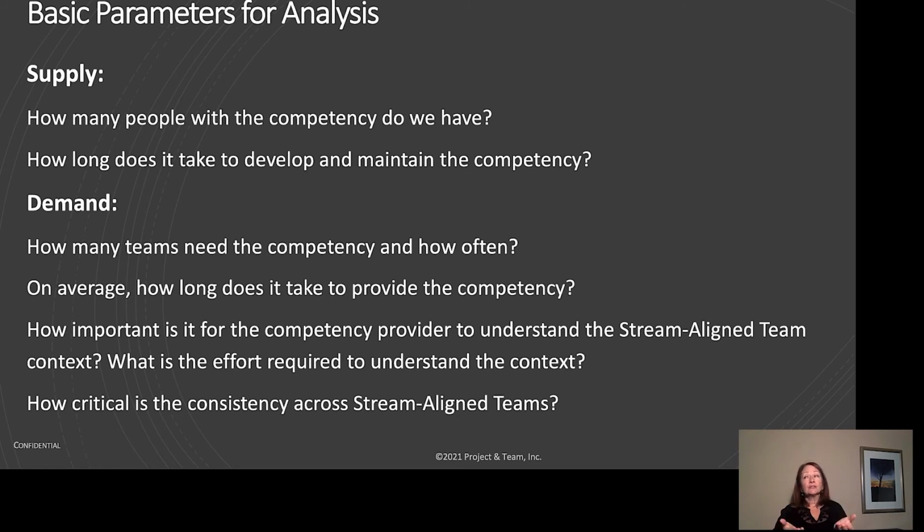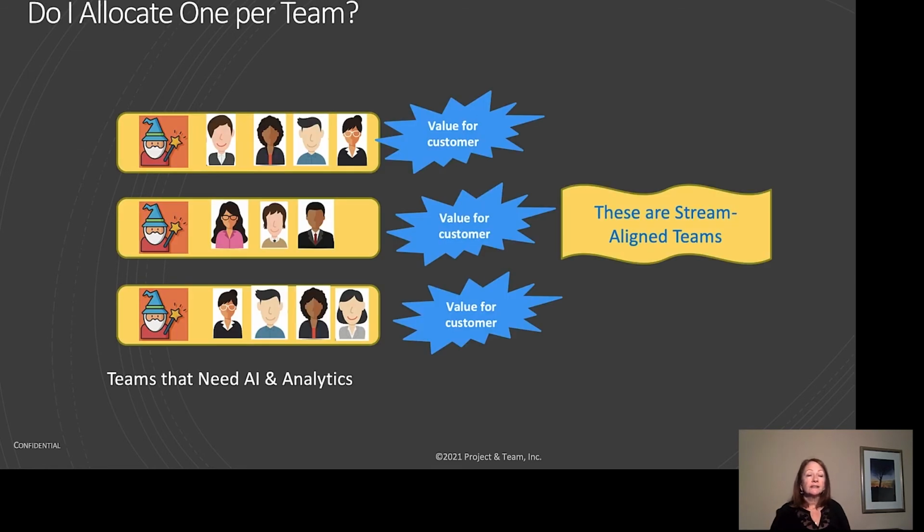And what is the effort to understand that context, that application? And then lastly, how critical is it that we have consistency in how we provide analytics across these different stream-aligned teams? So these are the things that we want to look at when we look at our three options.